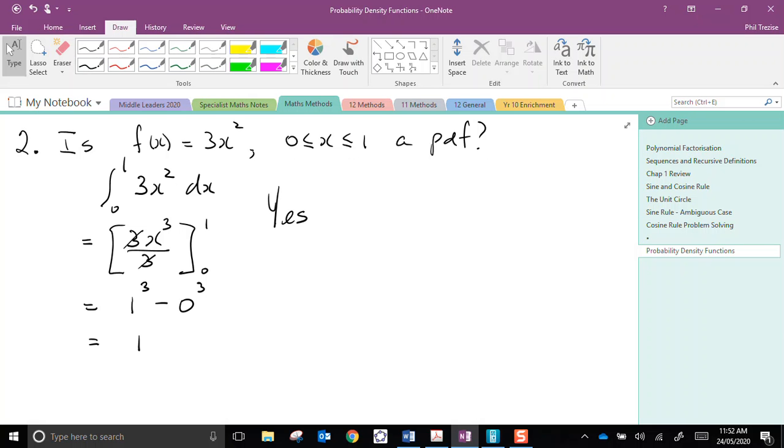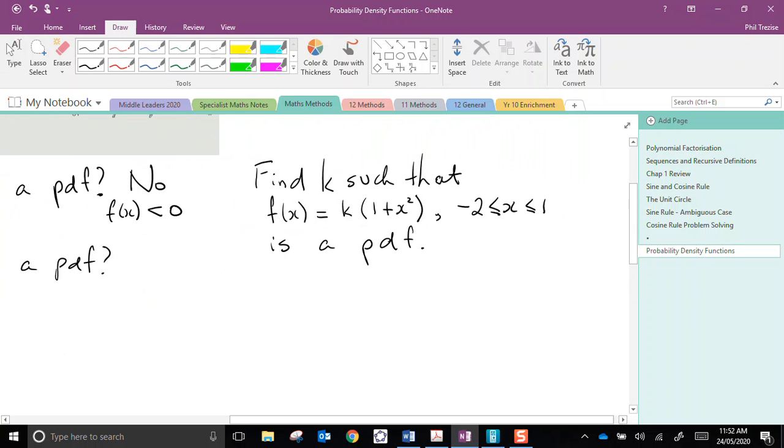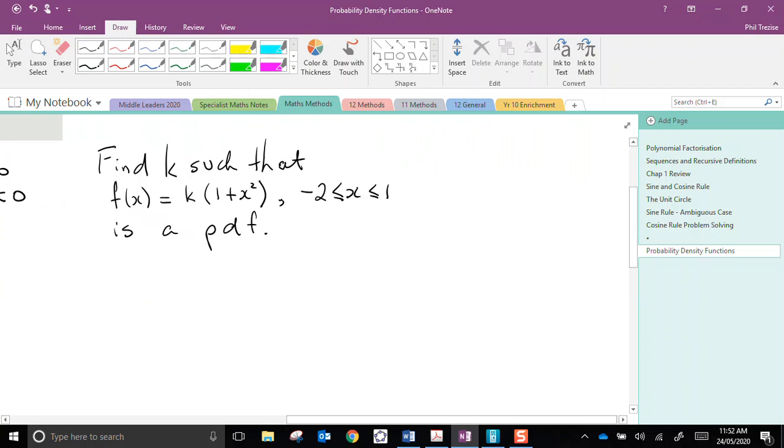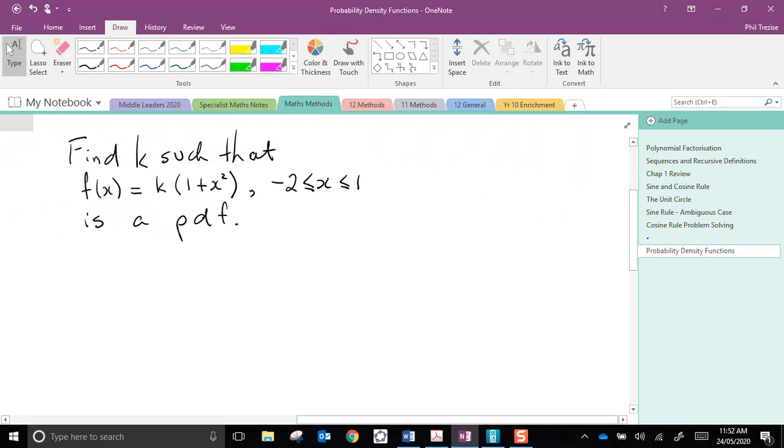So that's that one. Now, let's try a different style question. What if we were given this function, k times 1 plus x squared, and we know we're working between -2 and 1. We have to find a suitable value for k that will make this a probability density function. Again, both conditions must be true.